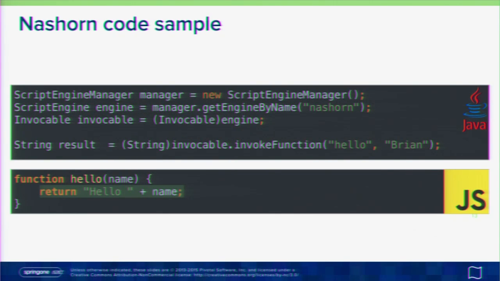Then we invoke the JavaScript function hello with Brian as a name argument, and we retrieve the result as a string. That's basically what we do in the Spring script templating support with a lot more refinement, but that's the principle. We call a render function that is executed in the Nashorn script engine, and we retrieve the string, and we send that string to the client.